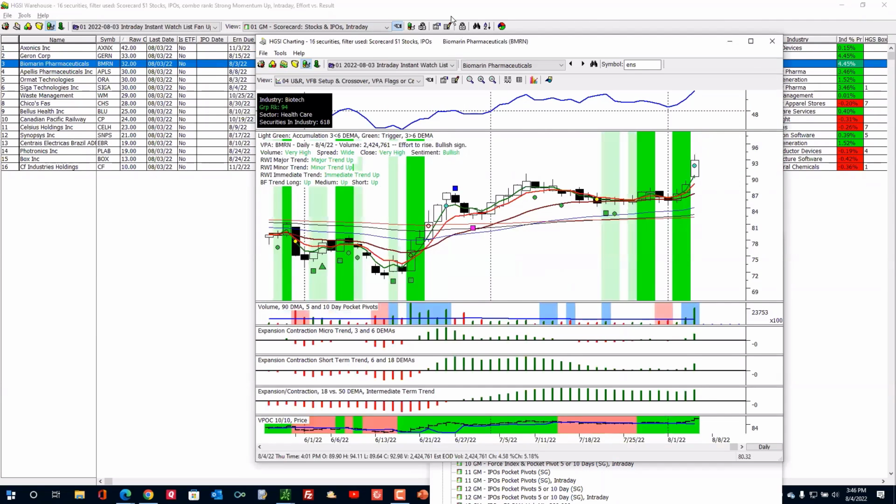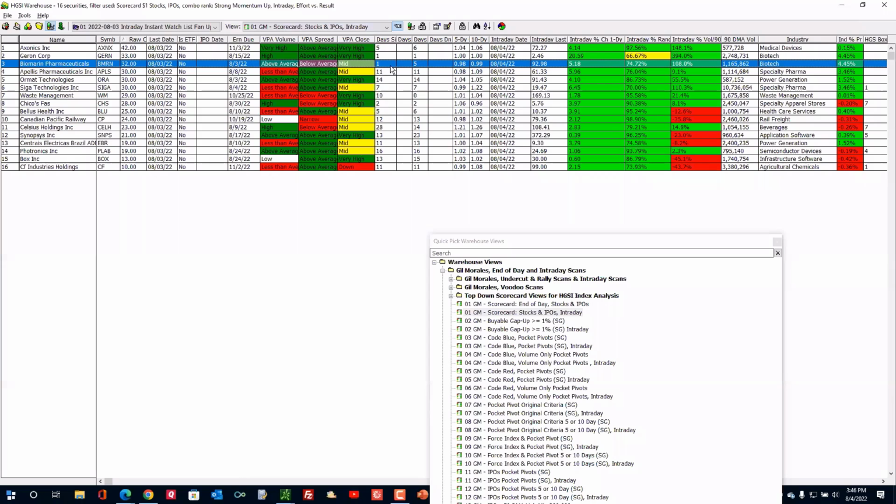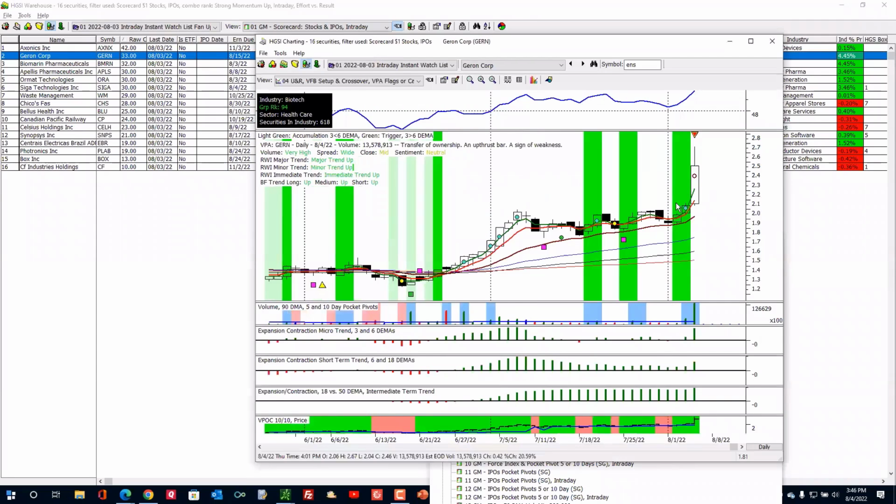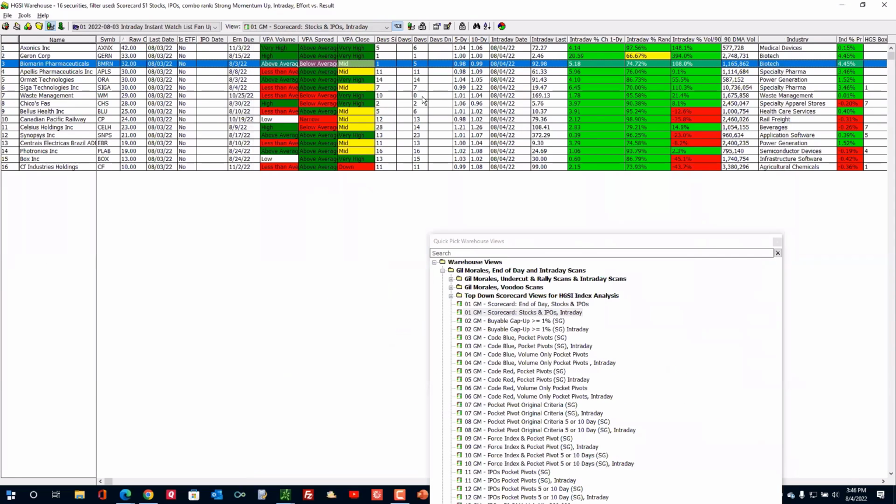But I don't have to look at the chart to find that out. I just look down these columns and it tells me how old or how fresh these are. So this one, Guerin, was a 2-day, two days old, and then it followed through today.